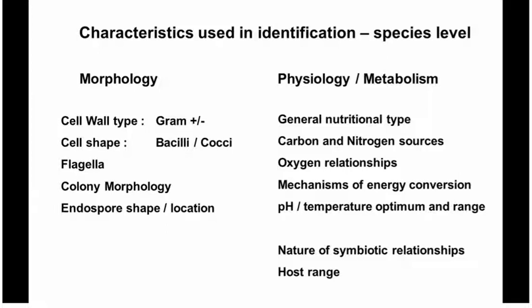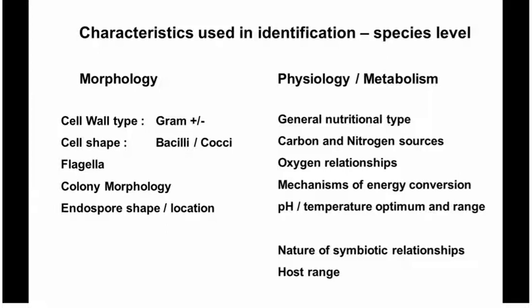So what characteristics can you use to distinguish different species of bacteria? Well, just like for macroscopic organisms, you've got the visual phenotype. What do they look like, either under the microscope or what their colonies look like?